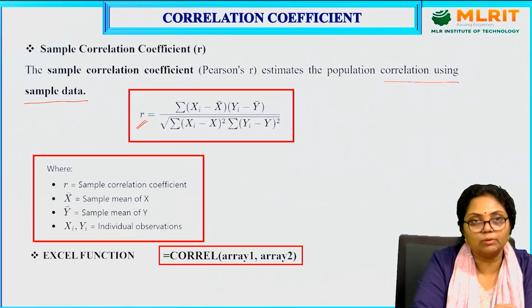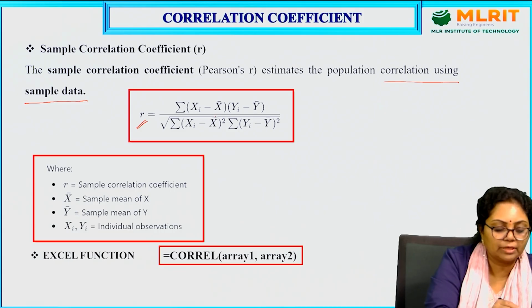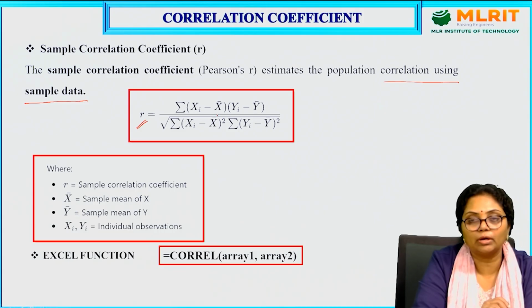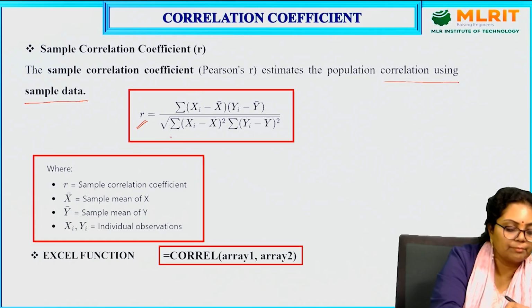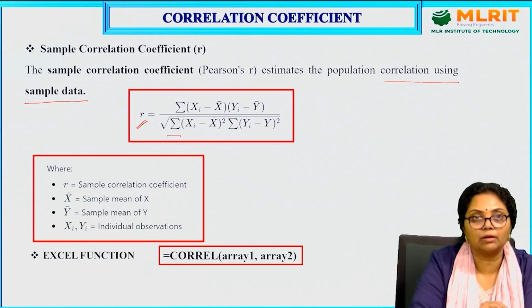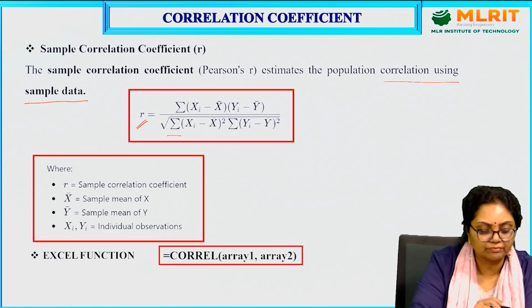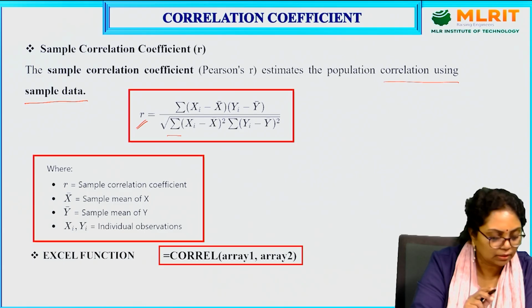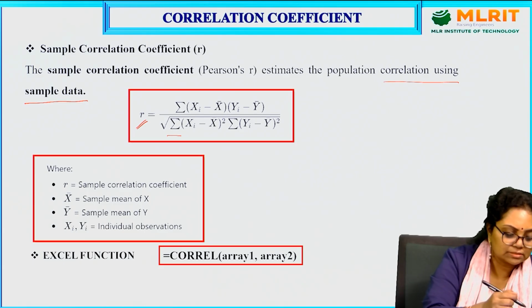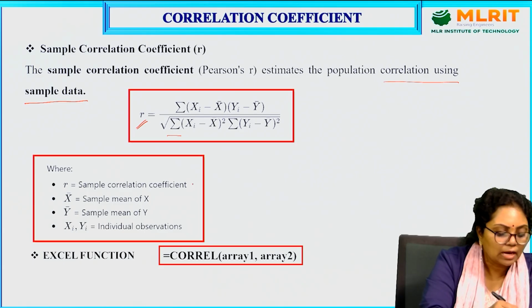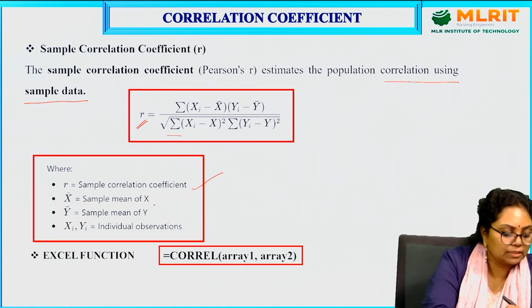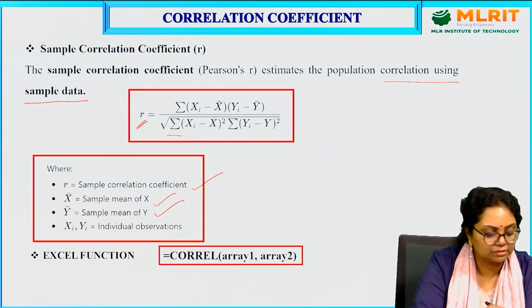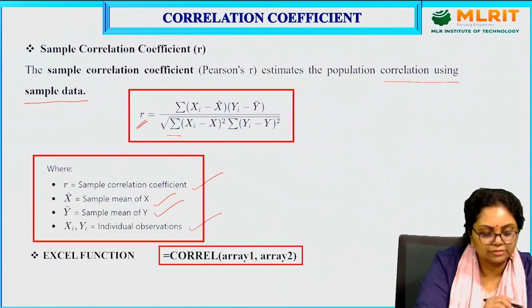That formula is the summation of (xi minus x bar) times (yi minus y bar), divided by the square root of the summation of (xi minus x bar) whole squared times the summation of (yi minus y bar) whole squared. Now what does this signify? r stands for the sample correlation quotient, x bar is the sample mean, y bar is the sample mean for y observations, and xi and yi are individual observations.